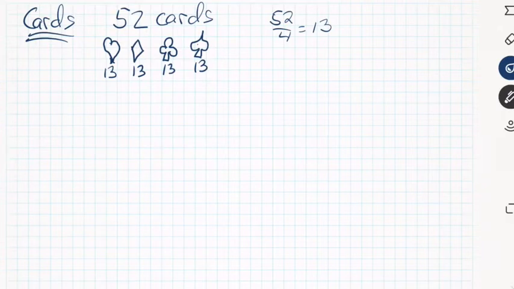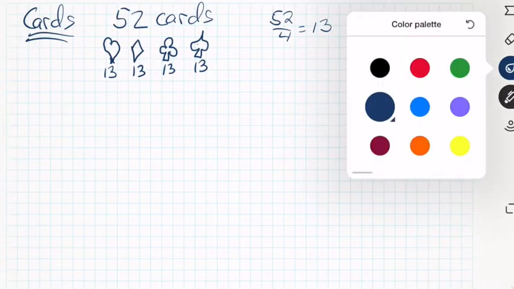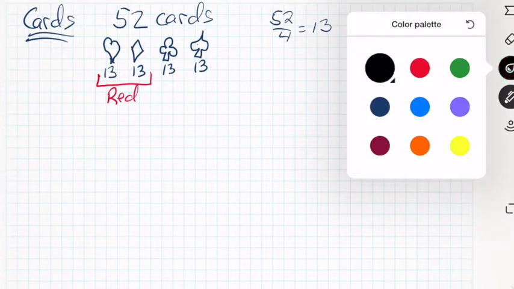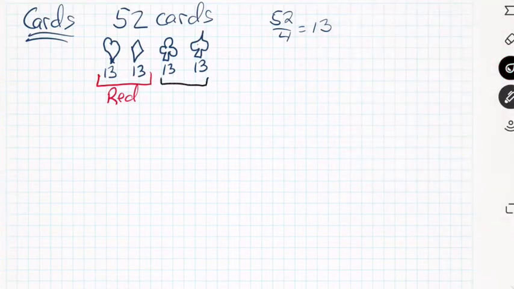All right, we can break this down a little bit further. There are 2 suits that are red and 2 suits that are black.